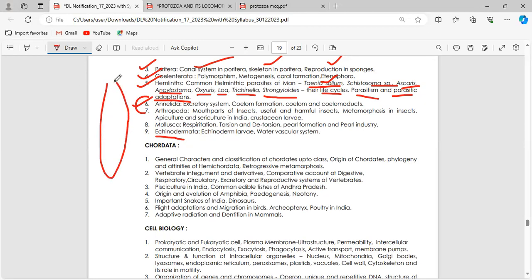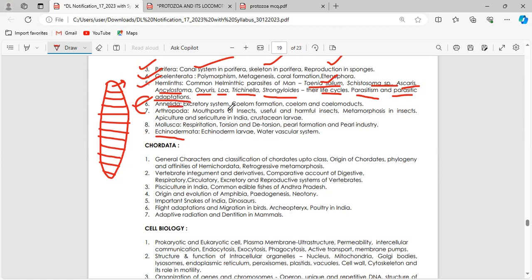That is why Annelida have a special name called the segmented worms. Take for example Pheretima, that is the earthworm. The body is entirely covered by segmentation. This is called metameric segmentation. Each segment is destined to do different types of functions.